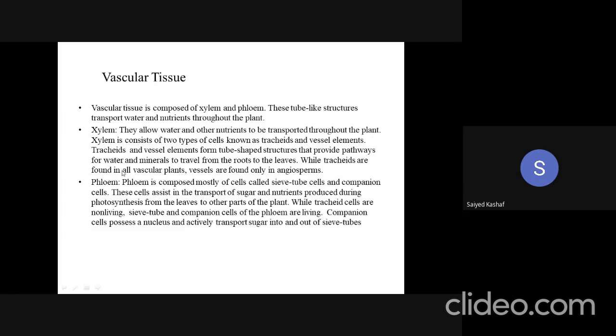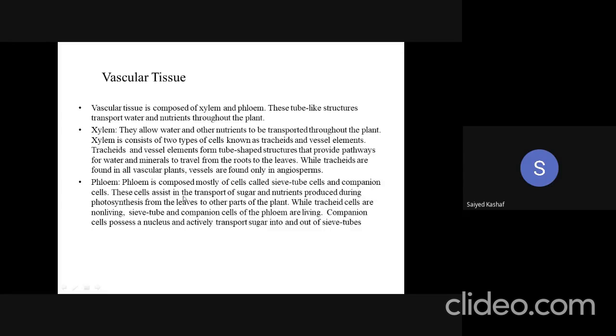While tracheids are found in all vascular plants, vessels are only found in angiospermic plants. So the presence of vessels is the characteristic feature of angiospermic plants, because vessels are absent in gymnospermic plants. Now phloem. Phloem is composed mostly of cells called sieve tube cells and companion cells.